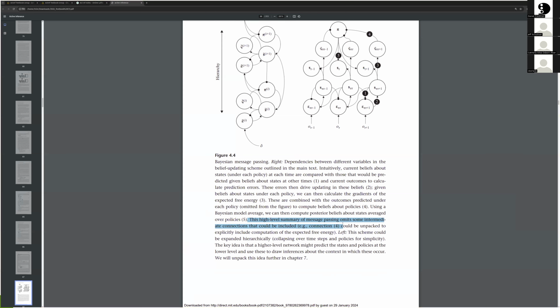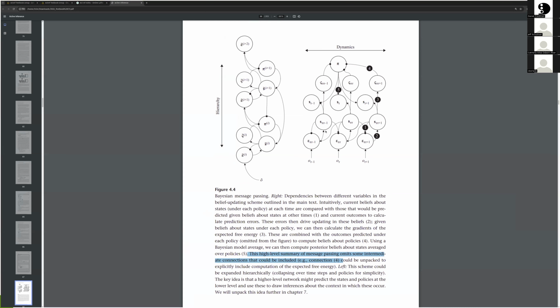It says it omits some intermediate connections, so it's not exactly sure how much to look into the edge connections, but it is fully described, but here they don't show all the edges.